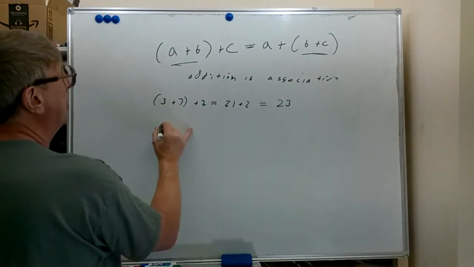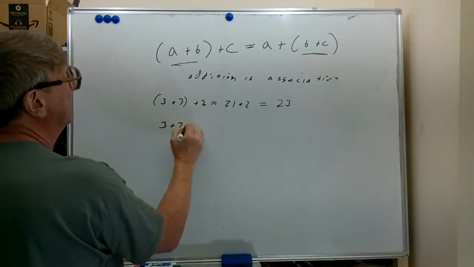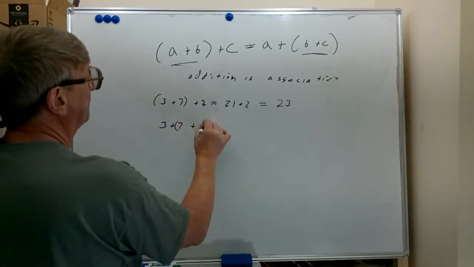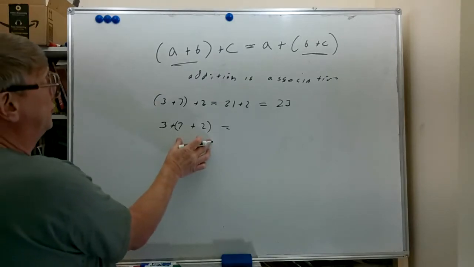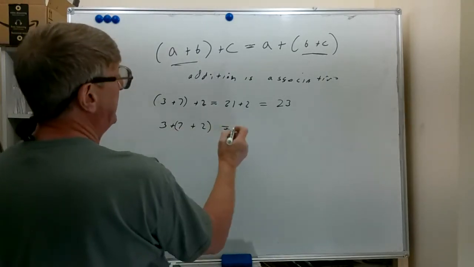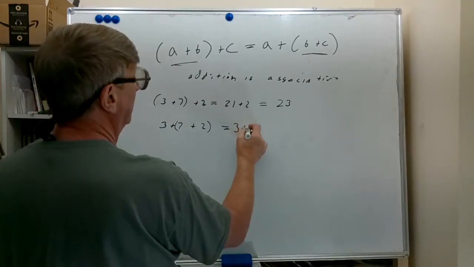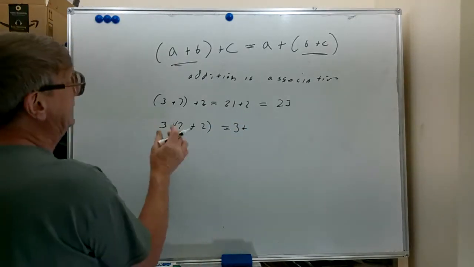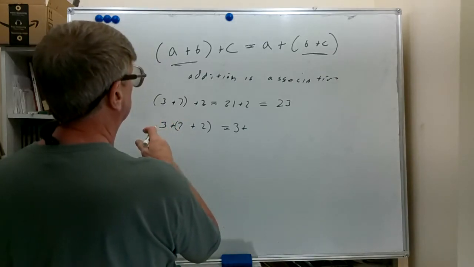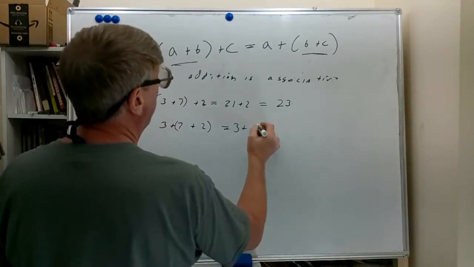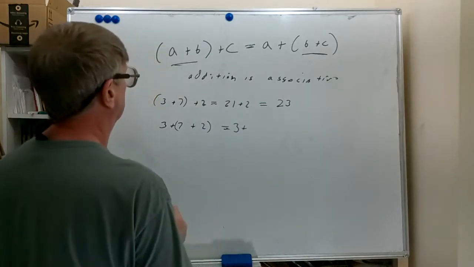If I take the same problem and associate it differently, so now I'm going to add the part in parentheses, 7 plus 2. So I got 3, we don't do anything with the first time. 3 plus 7 plus 2 is 11. No, it's 9. What am I doing wrong here?